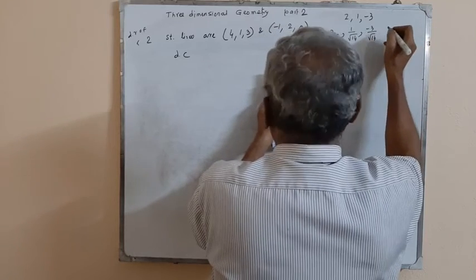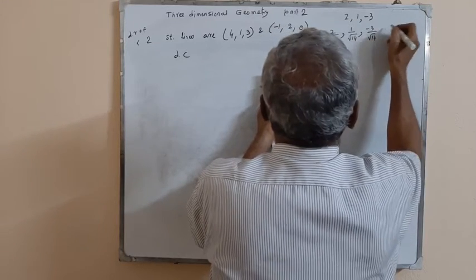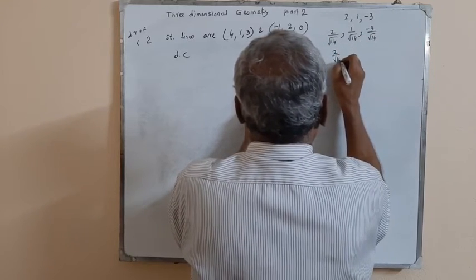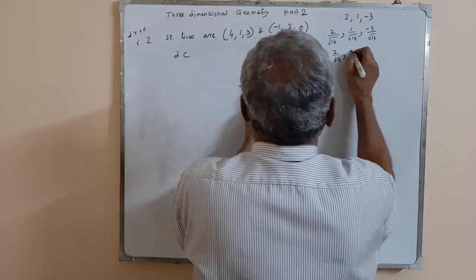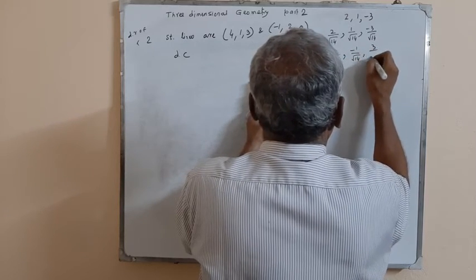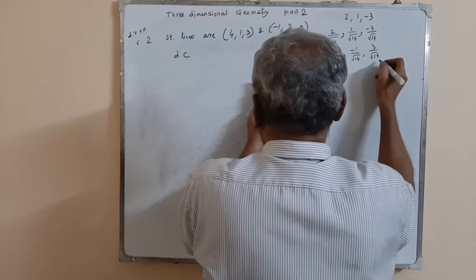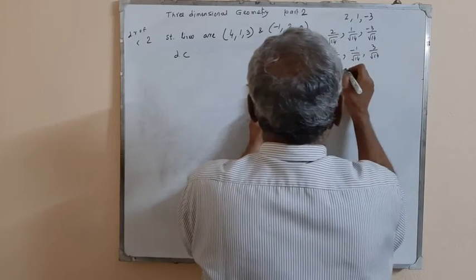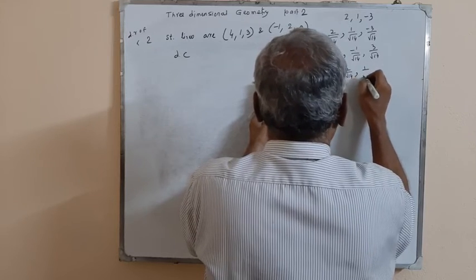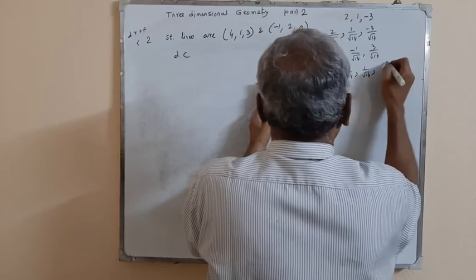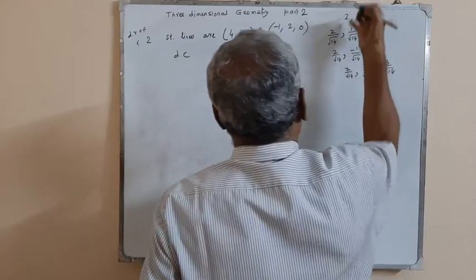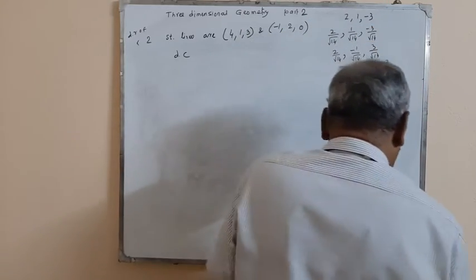Then next, 2 by √14, -1 by √14 and 3 by √14, and the last one is 2 by √14, 1 by √14 and 3 by √14. So the four options are there.